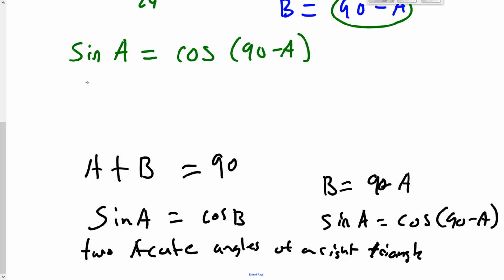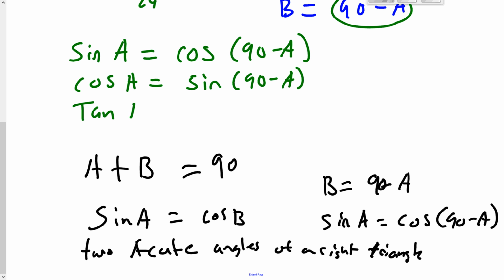And then you can say cosine of A is sine of 90 minus A, and tangent of A is cotangent of 90 minus A.